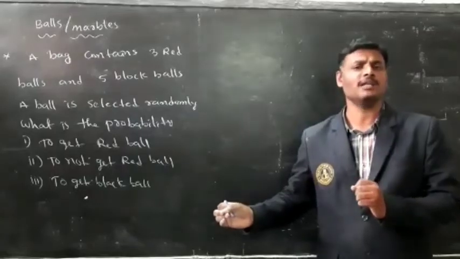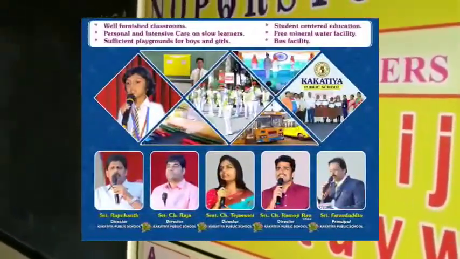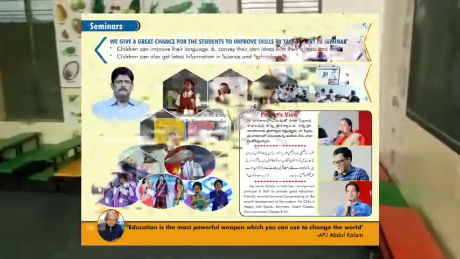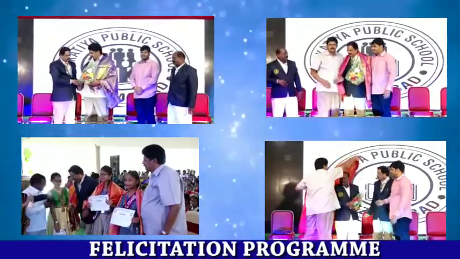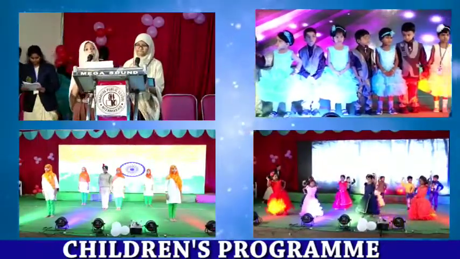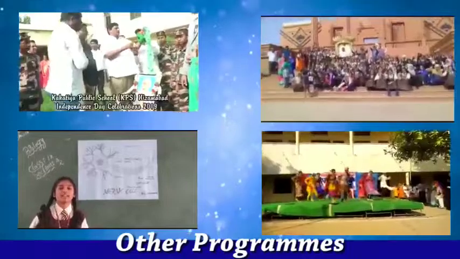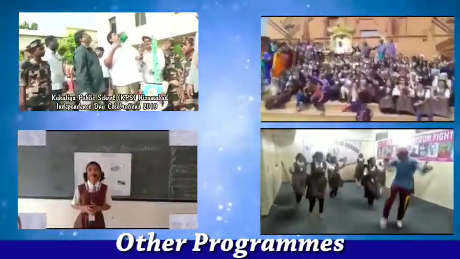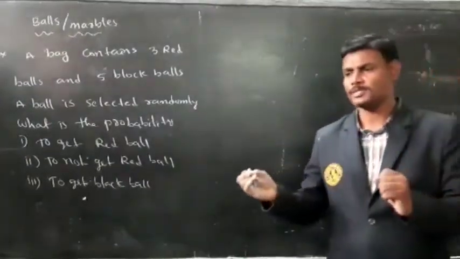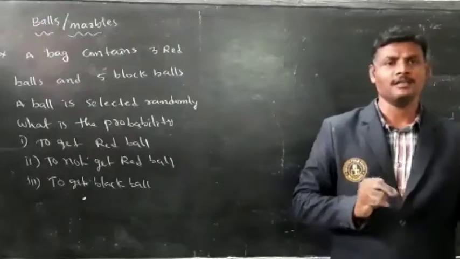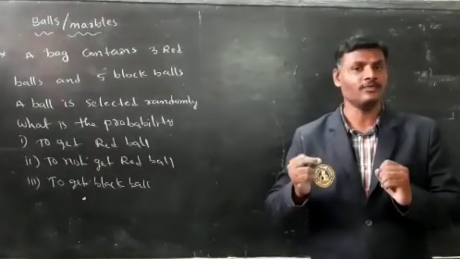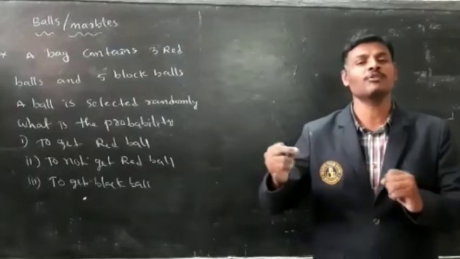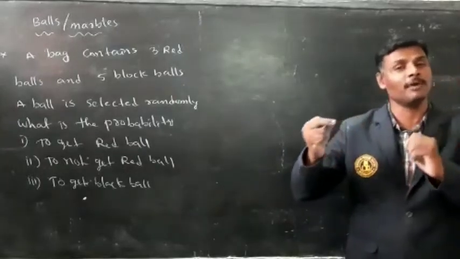Mainly, the examiner asks three types of problems: coins, dice, and balls. We have completed how to find the probability by tossing a coin and how to find the probability of given conditions by rolling a dice. So today I am going to explain problems on balls or marbles.